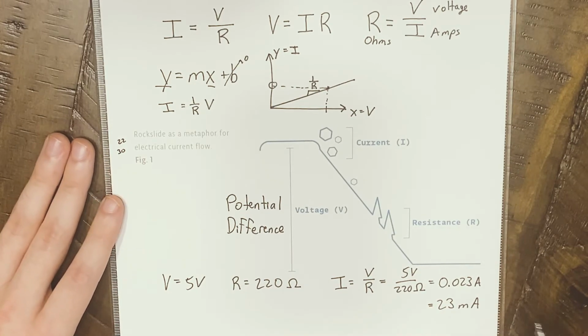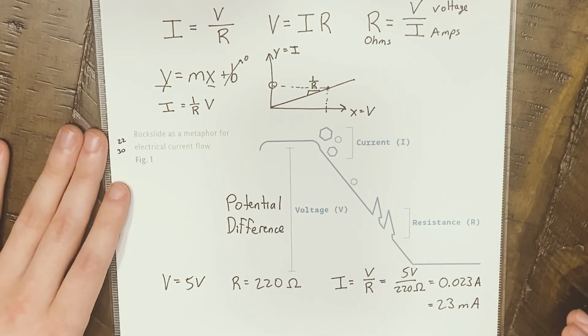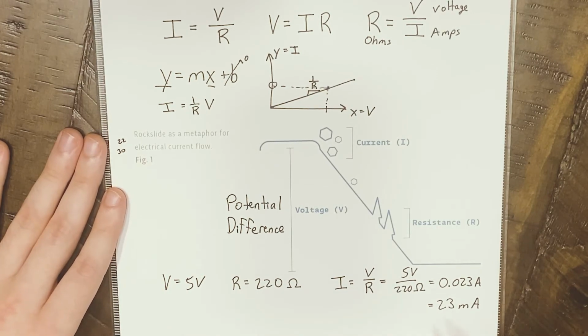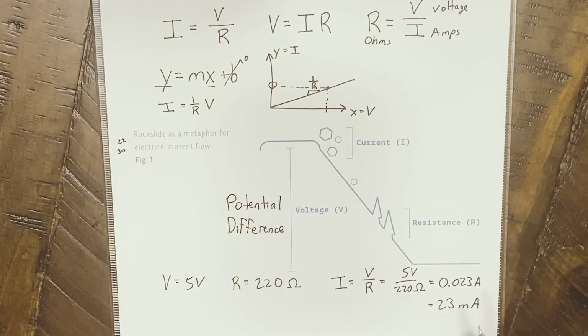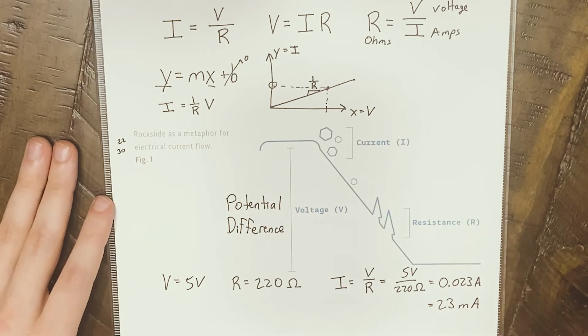Now, the 23 milliamps of current going through the resistor really isn't a big deal. Where it's a big deal, though, is the LED. The LED that is supplied in the starter kit, I believe, I actually haven't checked this, I probably should have checked this, but I believe around 25 milliamps is its limit.